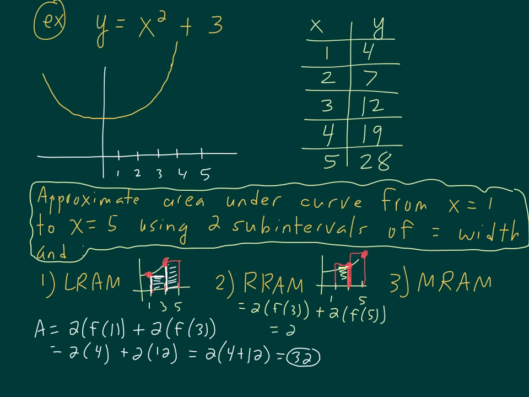So that is 2 times f of 3, which is 12, plus 2 times f of 5, which is 28. Again, get used to factoring out a GCF of 2. Of course, we don't need it in this simple problem, but if you have 10 rectangles, you're going to want to factor out a GCF of 2. That's going to give us 80, which, based on our picture, you can see is going to be an overestimate.